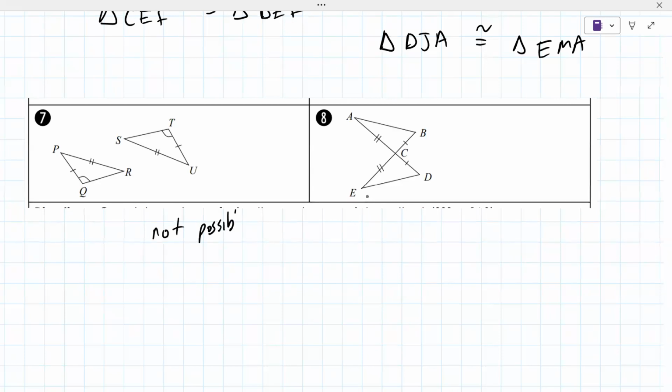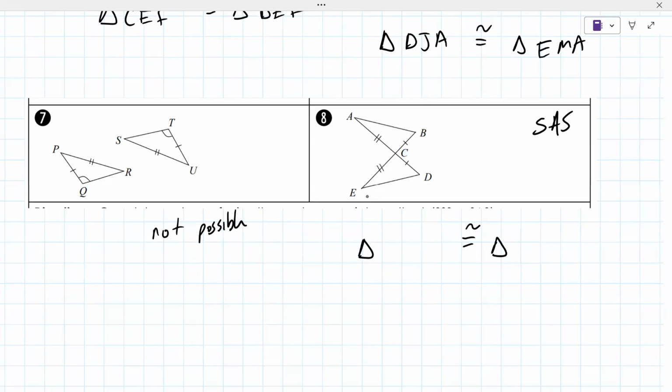If there's no overlap or no parallel lines, you're probably not going to have anything. All right. How about number 8? SAS. I agree. What is the triangle congruent statement?